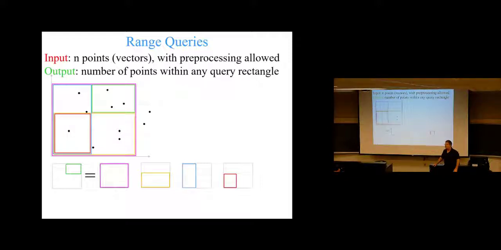It's not hard. How would you compute the first from the next 4? Yeah, so this would be minus that and minus that, but because you subtracted the lower portion in red twice, you got to add it back in once to get the correct count.